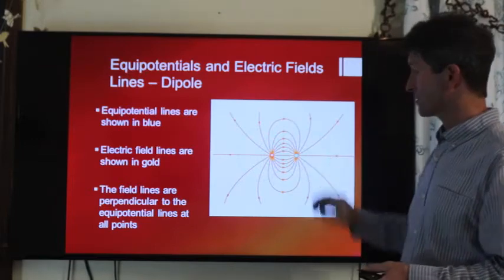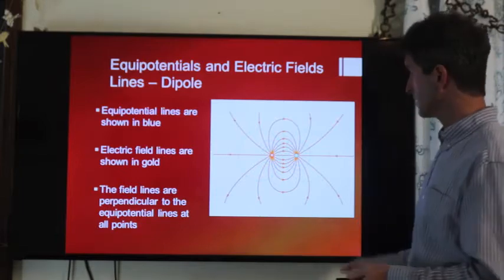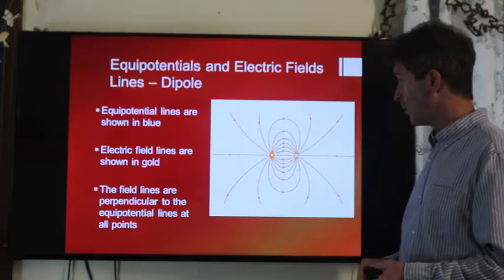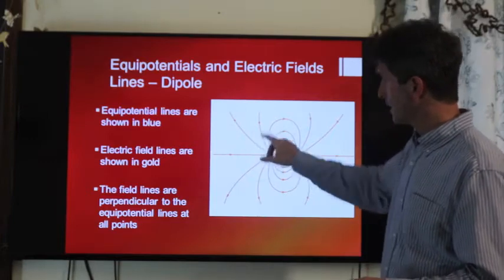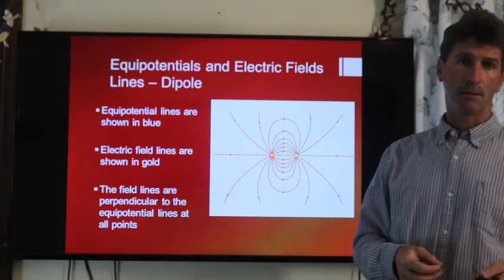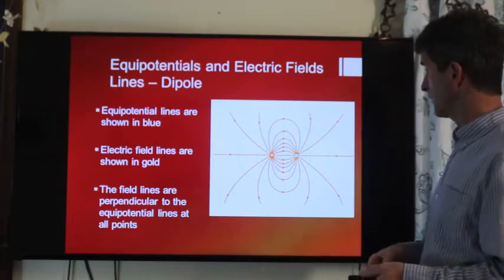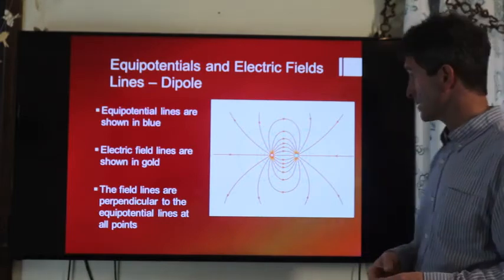As you get closer and closer to the negative charge, you get more negative voltage. As you get closer to the positive charge, a more positive voltage. But again, notice all of these dotted lines are always perpendicular to the red electric field lines. The electric field lines are perpendicular to the equipotential surfaces.